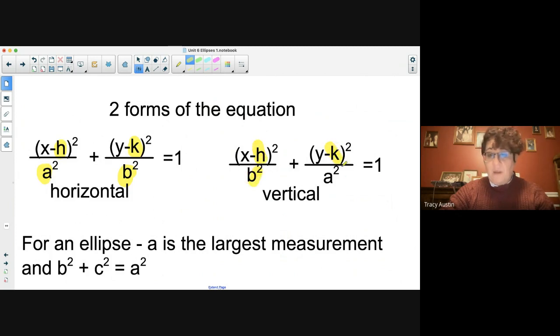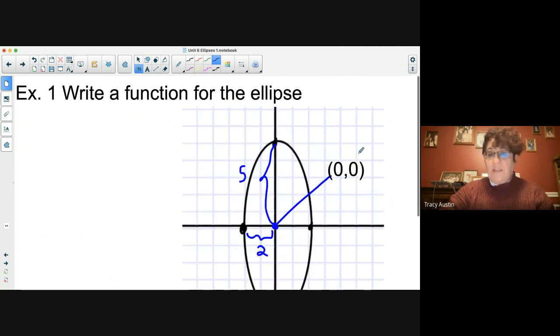Okay, so all we ever need is H, K, A, and B. That's it. Okay, so once we have those 4 pieces, we can kind of just plug it in like we did with the parabolas when we had H, K, and P. Okay, so H and K are 0, 0. A is 5. B is 2. It's vertical, so the big number goes under the Y. So in this case, since the vertex is 0, right, you can write x minus 0 squared, or you could just write x squared.